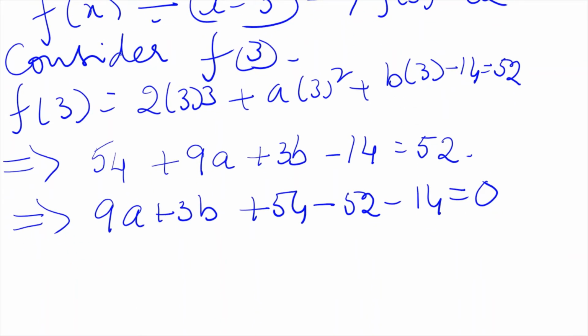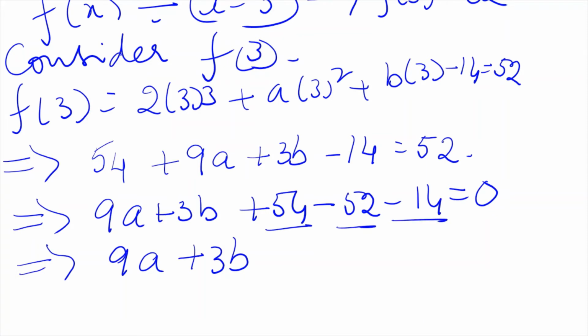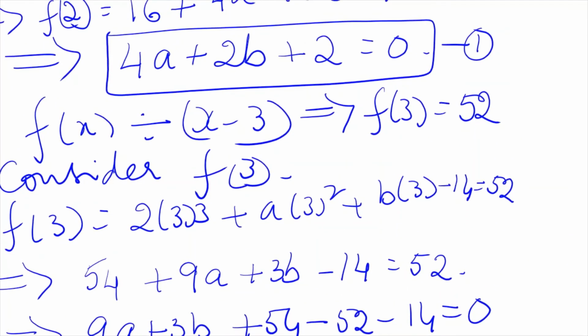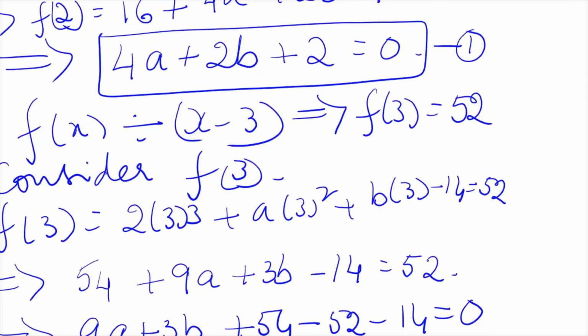I brought 52 to this side. So this implies 9a plus 3b, now 54 minus 52 is plus 2, plus 2 and minus 14 is minus 12, is equal to 0. This is your equation number 2. Now we will solve equation 1 and equation 2 for a and b.